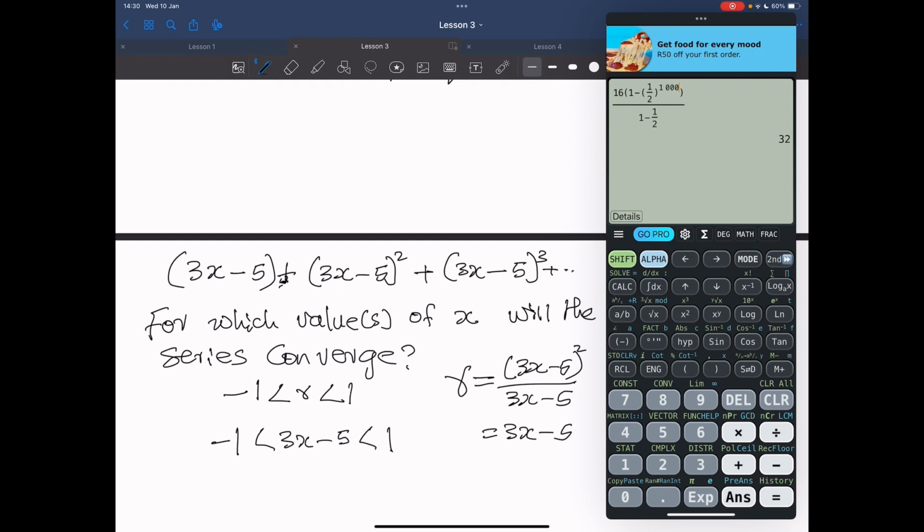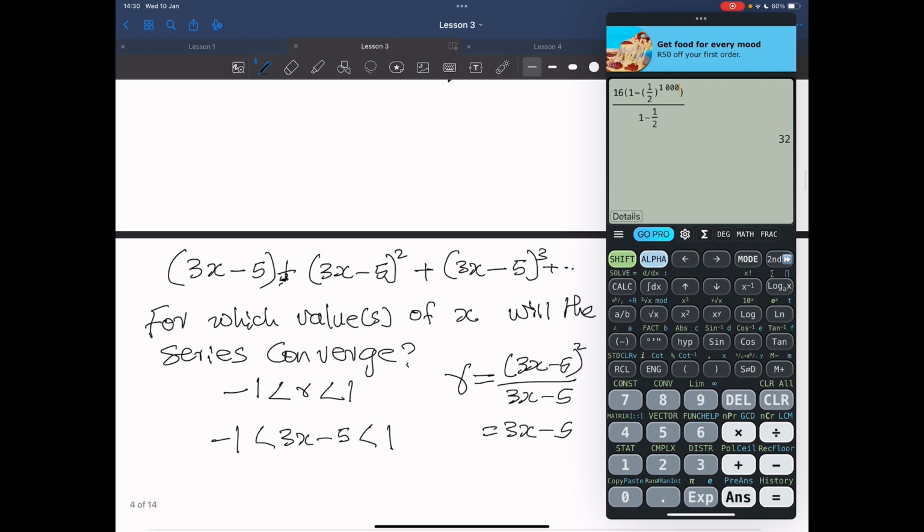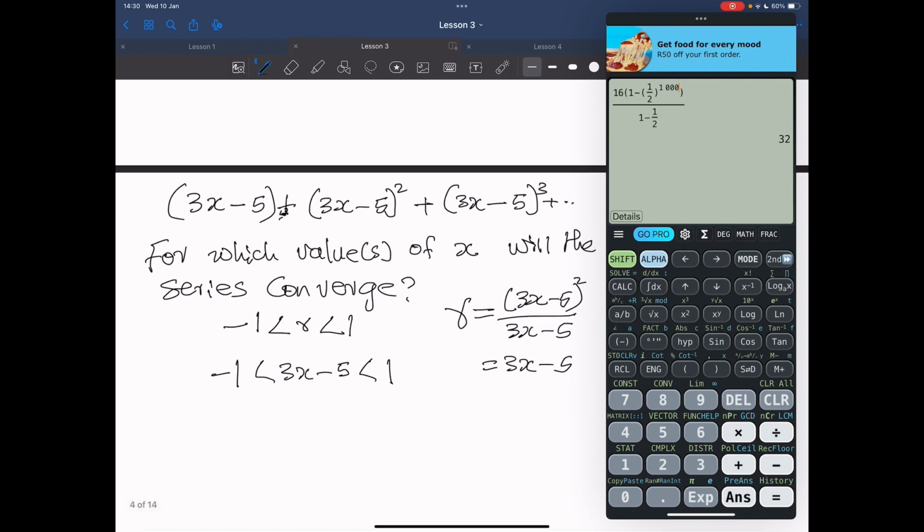So the question is, get the value of x, because they're saying for which values of x. So we can now work this out. When we take the 5 to the other side, it's going to be -1 plus 5, which will give us a 4. And then when we take it to the other side, it will be 1 plus 5, which will give us a 6.